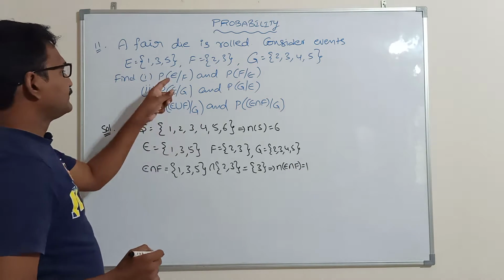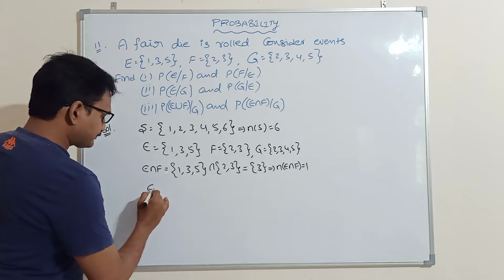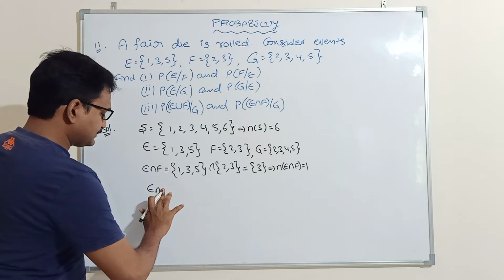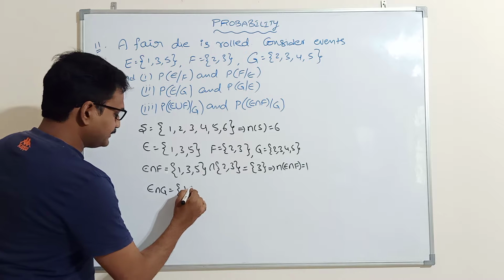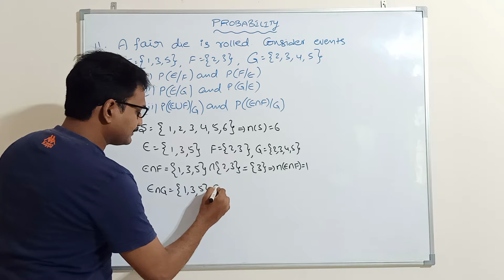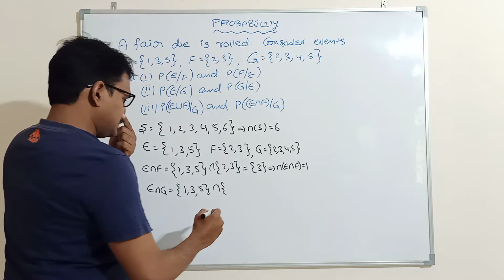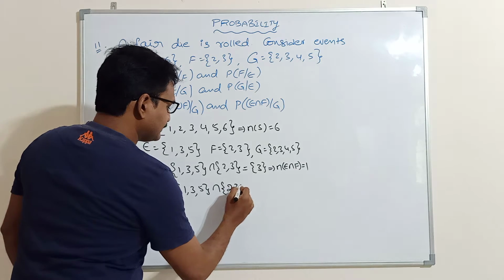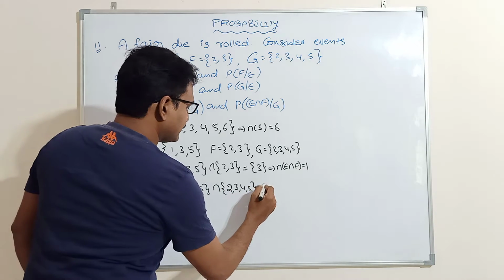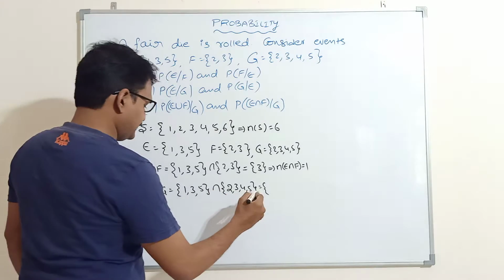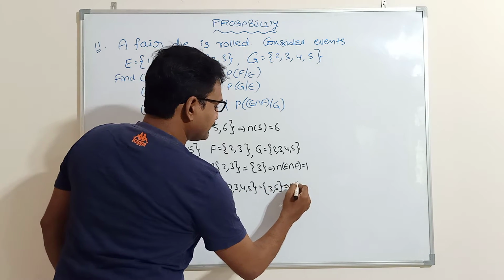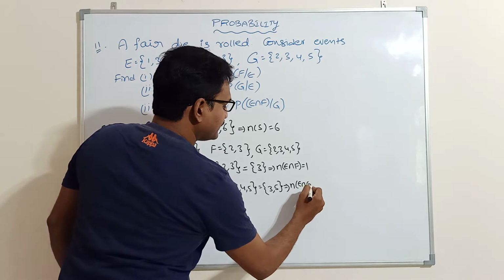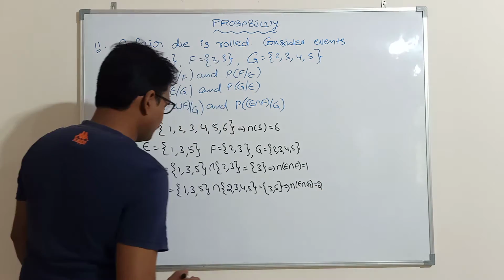Next, E intersection G. Set E is {1, 3, 5}, set G is {2, 3, 4, 5}. Then the common elements between E and G are 3, 5. So the number of elements in E intersection G is 2.